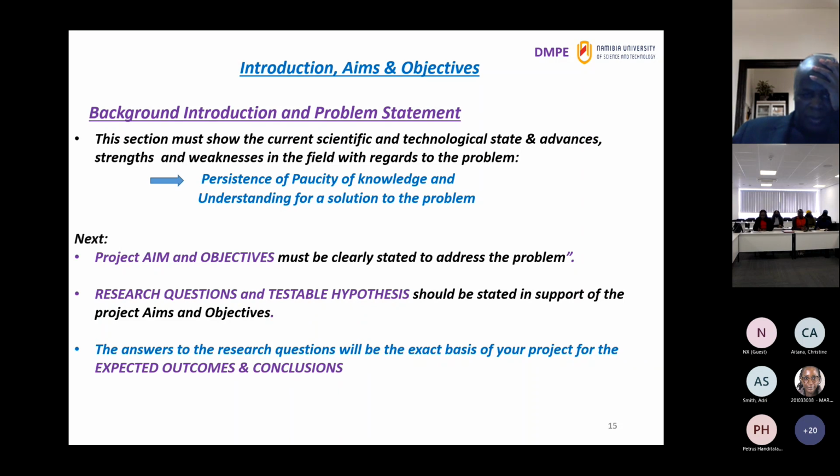Then you talk about, if that being the case, what will be the aim and objectives? And I have particularized aim and objectives in capital letters, uppercase. And this is to place emphasis on the point which I'm going to make.